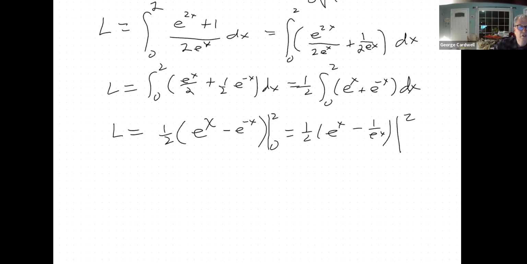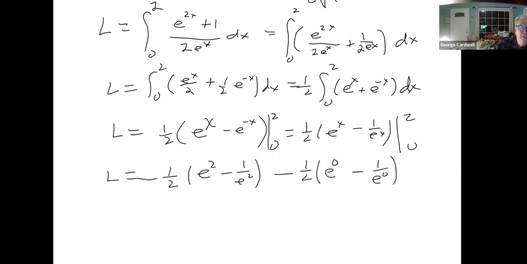With 2 and 0, the length now is going to be 1/2, plug in 2, e squared minus 1 over e squared. Subtract from that 1/2 e to the 0 minus 1 over e to the 0.